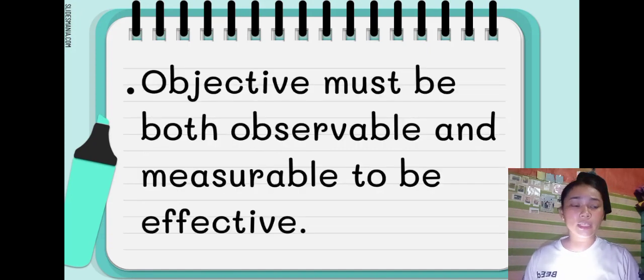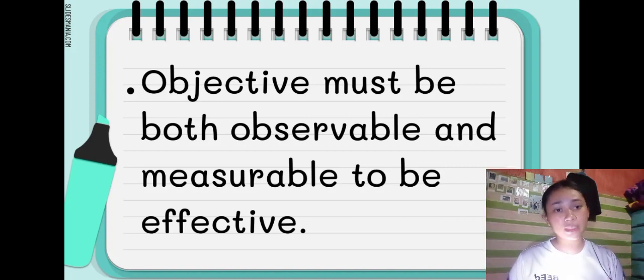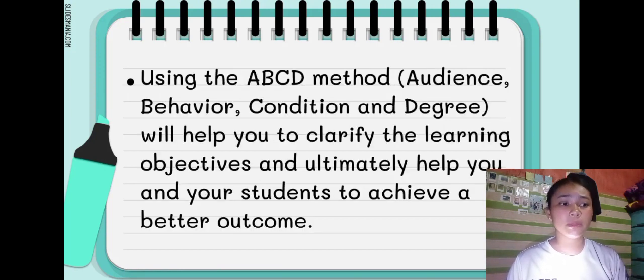So objective must be both observable and measurable to be effective. It's really effective if you are going to give the objective clearly and appropriate. So next is using the ABCD method. Audience, behavior, condition, and degree will help you to clarify the learning objectives and ultimately will help you and your students to achieve a better outcome.